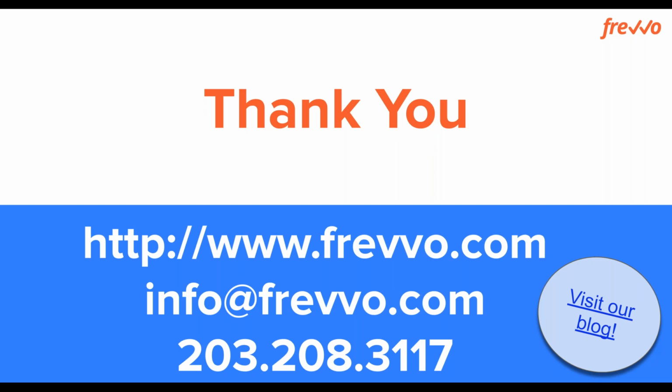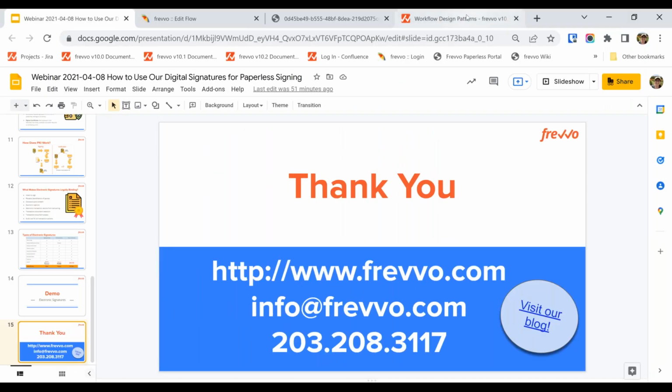Okay. This one is a little bit different. They're asking, please explain why signatures are not passed to DocuWare. I believe that they are. frevvo actually has a DocuWare connector. We don't have time to cover that in today's webinar, but I can certainly point you to the documentation on that.